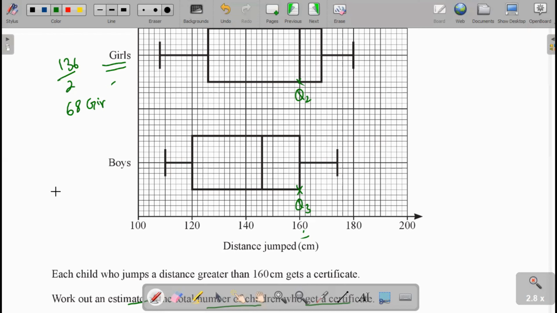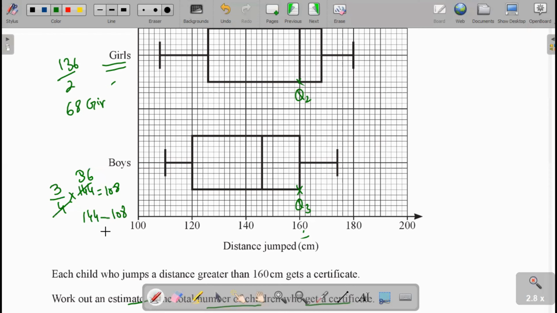It means that this value shows 3/4 of the 144, and that value is 108, and the total is 144. Therefore, the boys who jump more than 160 is 144 minus 108.